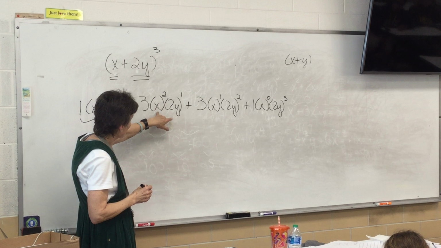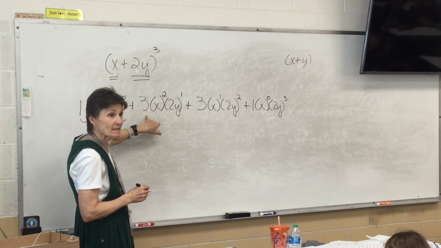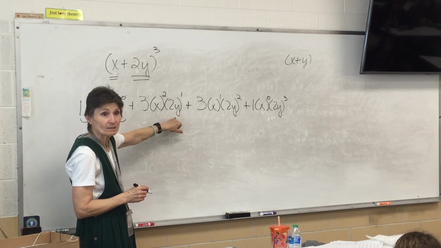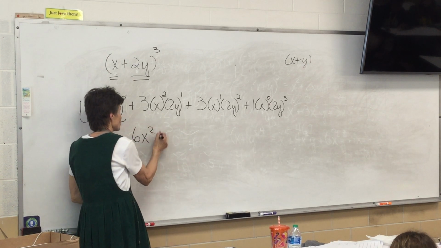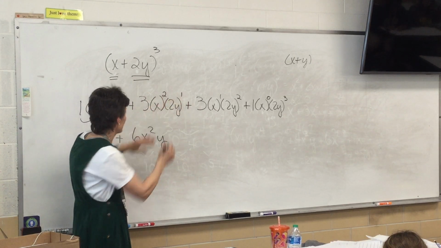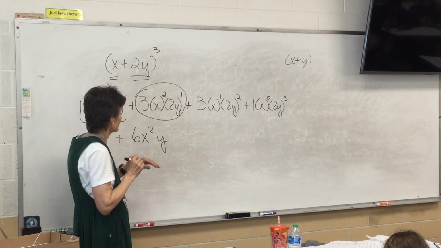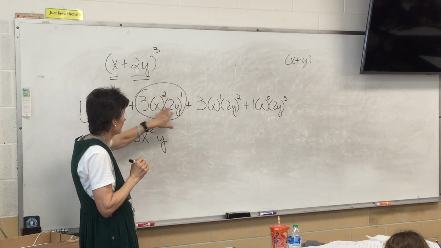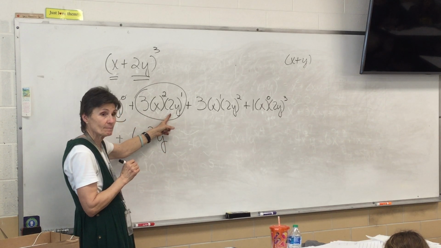You've got an x squared and a y, but you have a 3 times a 2. So this is actually going to be 6x squared y, because this is all multiplied right here. This guy right here is all multiplied together. So you have x squared and y, but you also have 3 times 2.